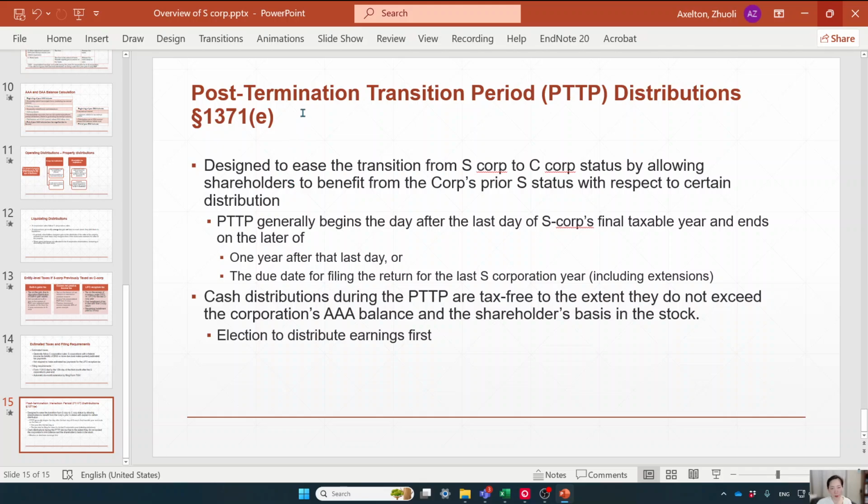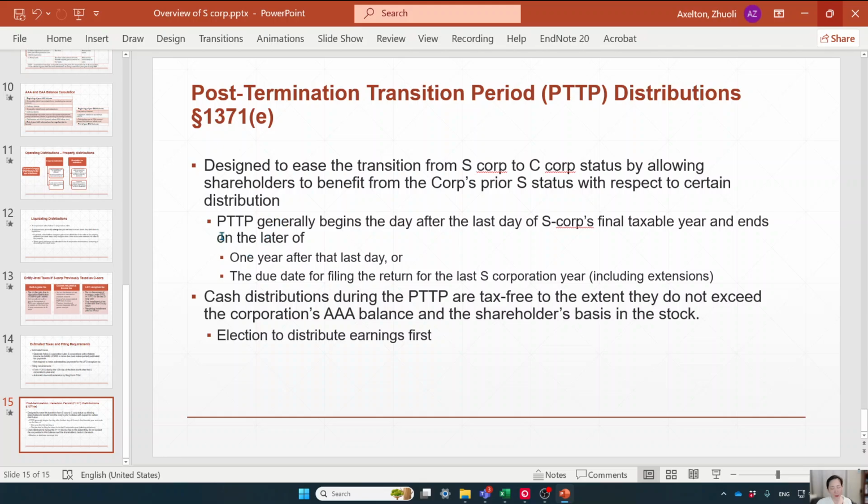There's a special rule. This special rule is really to consider if an S corp later decides to switch back to a C corp, and the rule is designed to ease the transition from S corp to C corp status by allowing shareholders to benefit from the corp's prior status with respect to certain distributions.